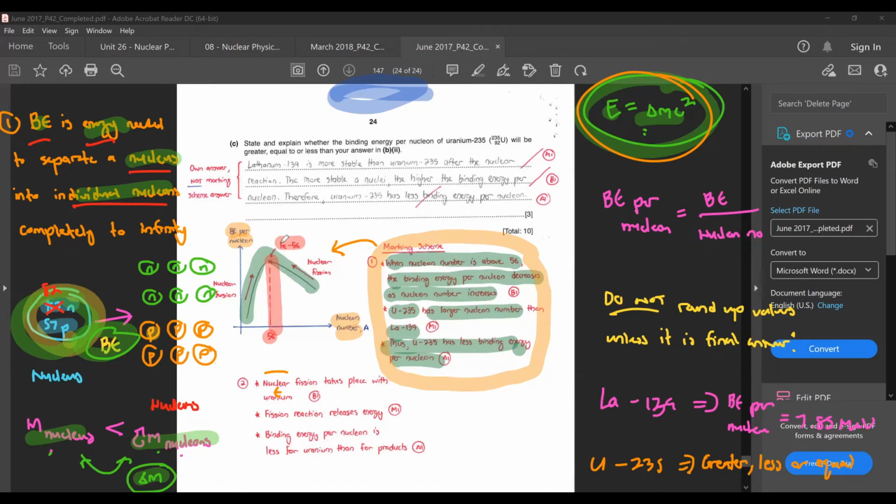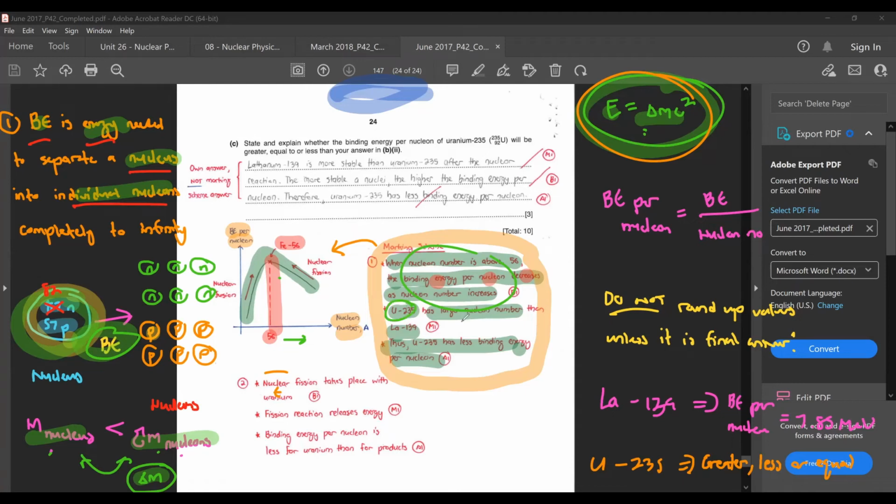So you'll notice that for any nucleon number above 56, the binding energy per nucleon will decrease. If I go from 56 onwards, you will notice that your binding energy per nucleon will drop in value. So that is what statement number 1 here is talking about. Anything more than 56, binding energy per nucleon will drop.